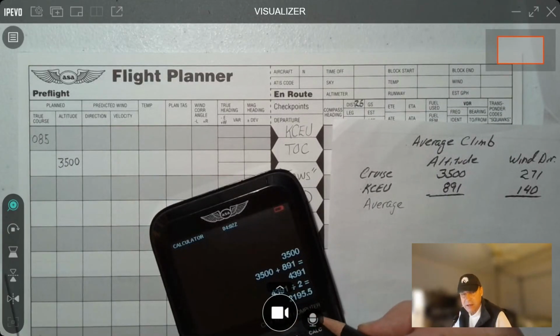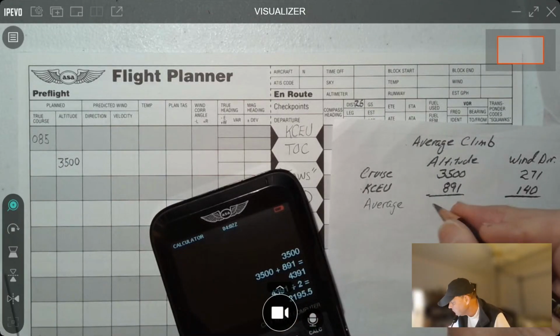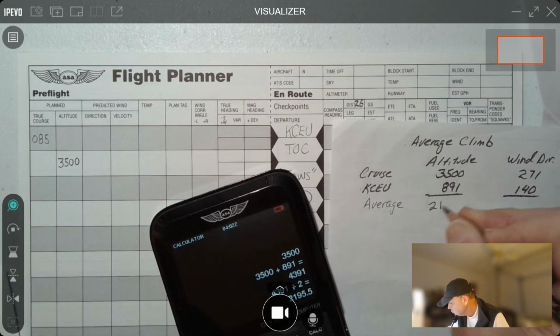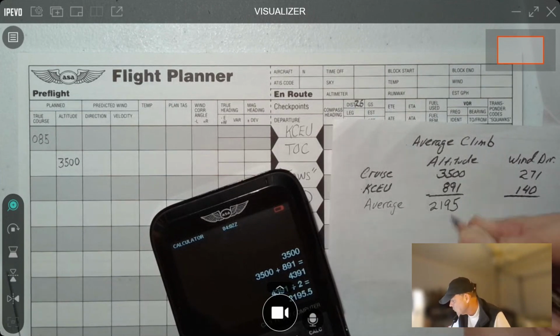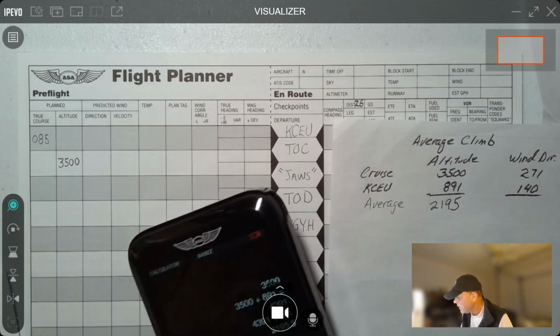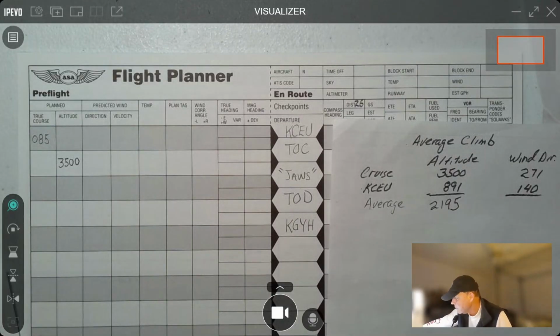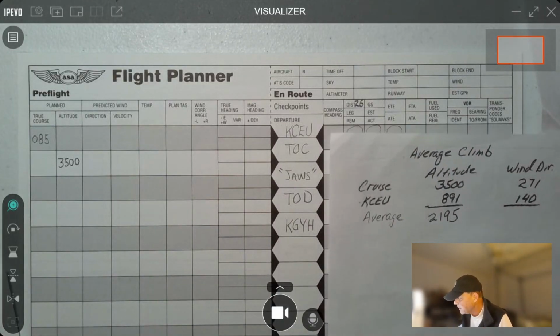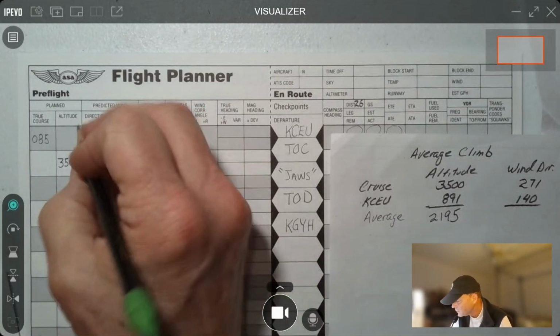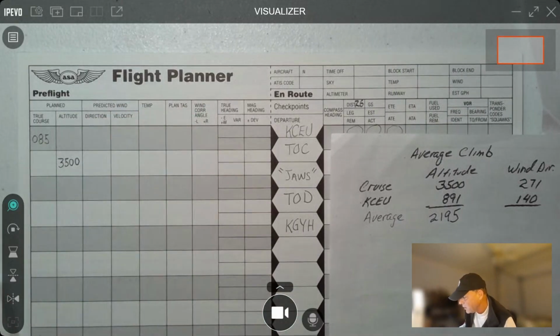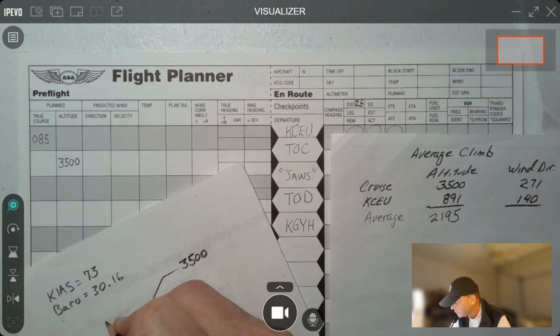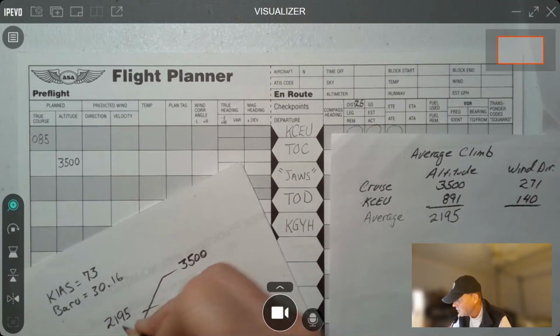Get a little calculator and you can get that number for yourself. 2,195.5 is the average of 3,500 and 891. So let's put that in this box right here. Again, this is the average, 2,195.